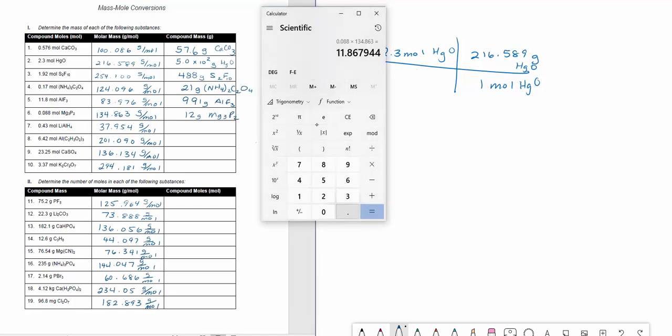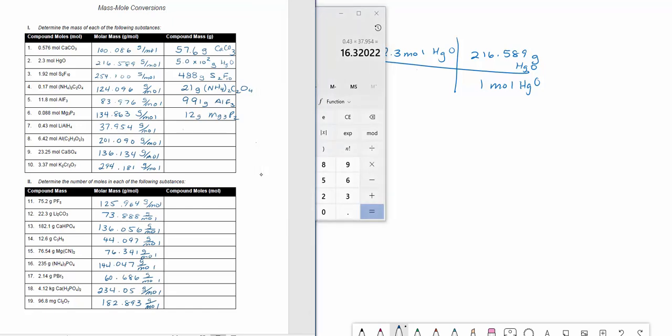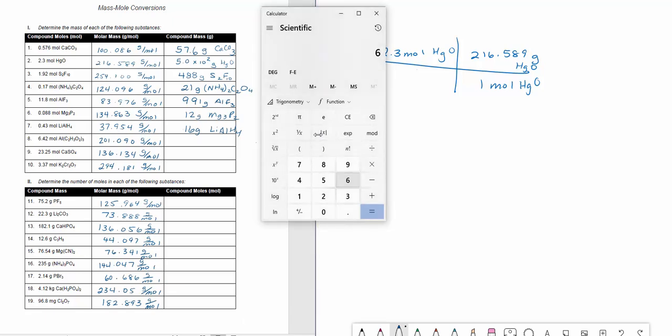Number 7, I start with 0.43 moles. I multiply it by my molar mass, 37.954, and I get 16.32. I started with 2 sig figs. I can only end with 2 sig figs. Lithium aluminum hydride. Number 8, I start with 6.42 moles, and I multiply it by 201.09 grams per mole.